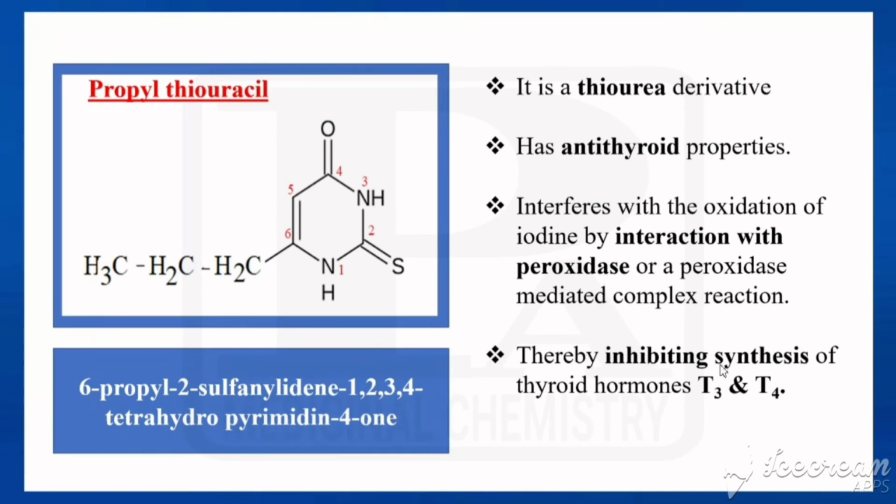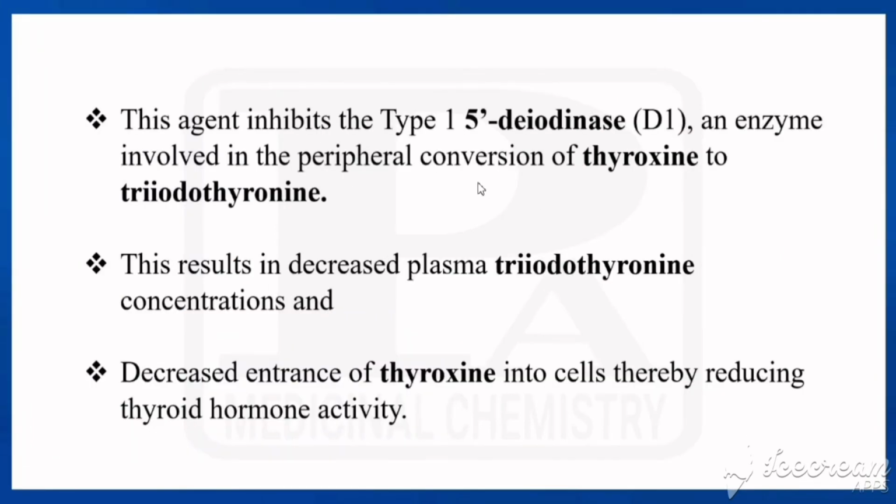So it inhibits the synthesis of thyroid hormones T3 and T4. This agent also inhibits type 1 5-deiodinase. That is an enzyme involved in the conversion of thyroxine to triiodothyronine. So for converting T4 to T3, there is one enzyme.